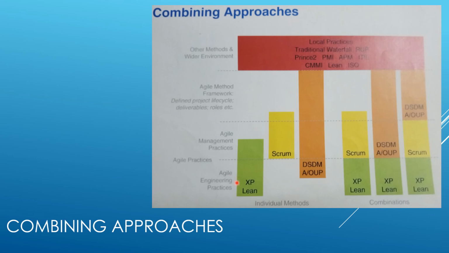In a practical way, you can put XP and Lean as an engineering layer, wrap it up with Scrum or DSDM for management practices, and then use SAFe, DSDM or Spotify to scale your framework. On top of that, traditional methods and other methods are available. It is always a good idea to combine approaches to get the best of all the different worlds.